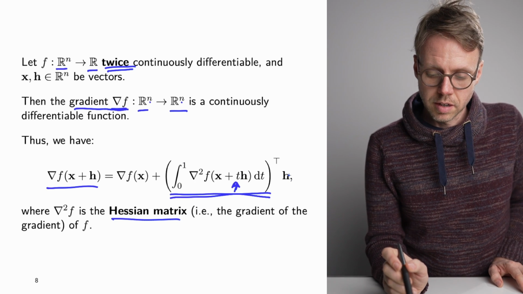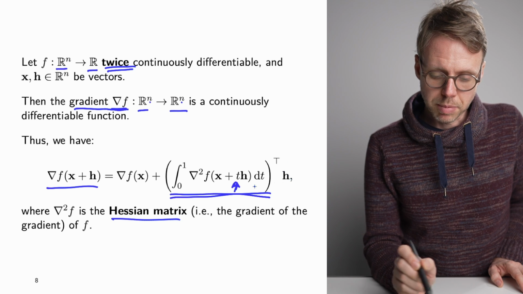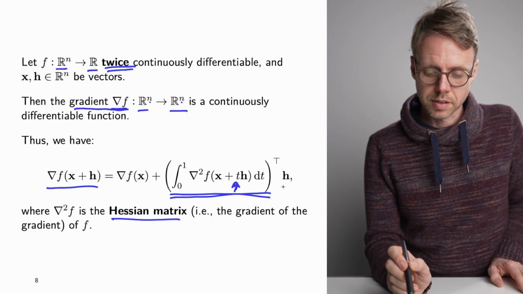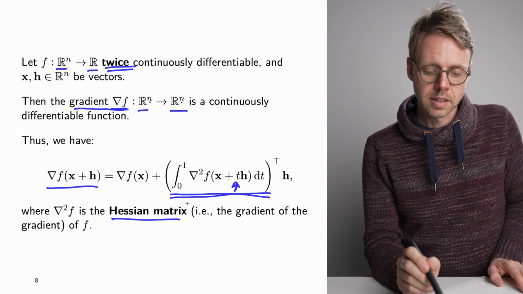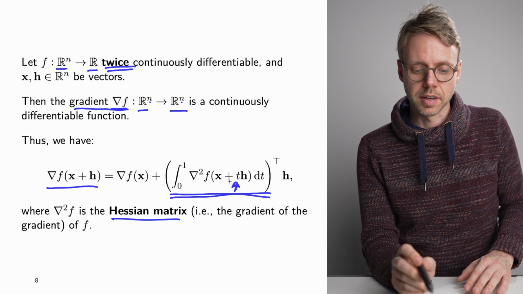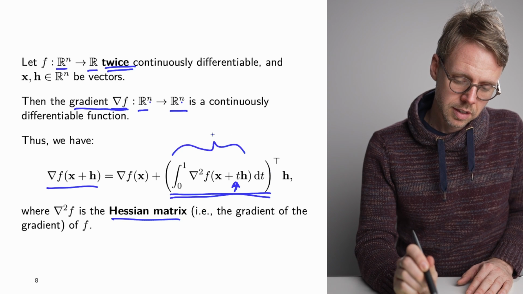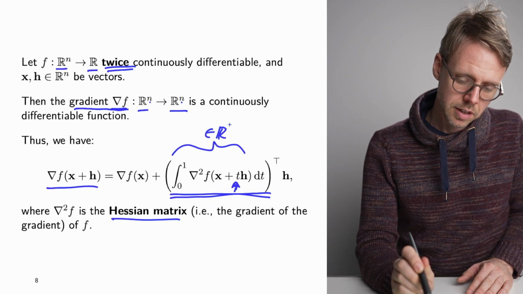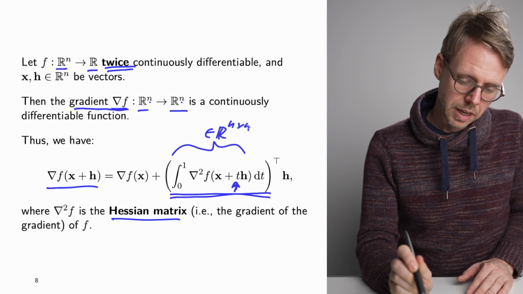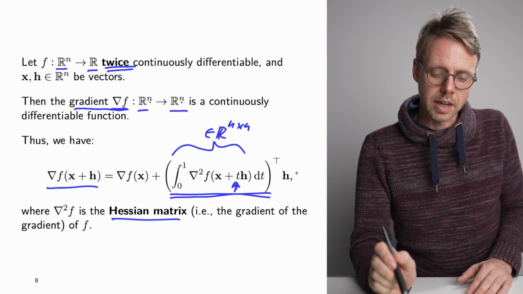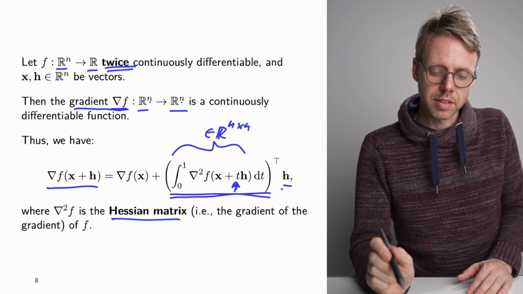And then we multiply the output of this component-wise integral, which again is an n by n matrix, by a vector of length n.